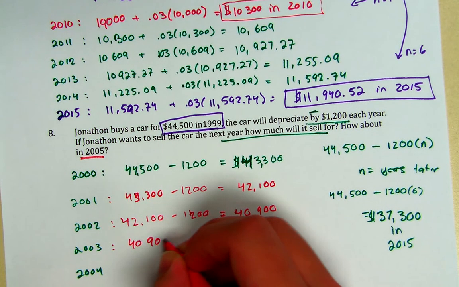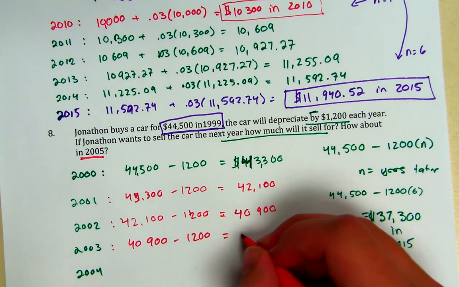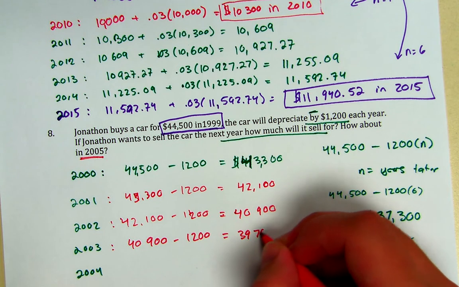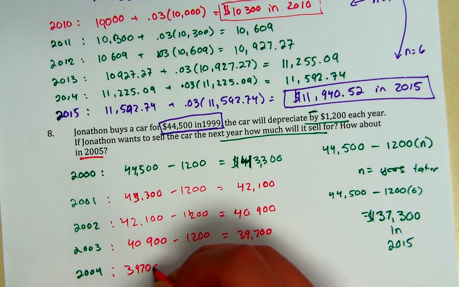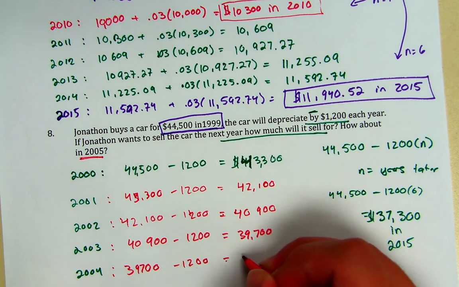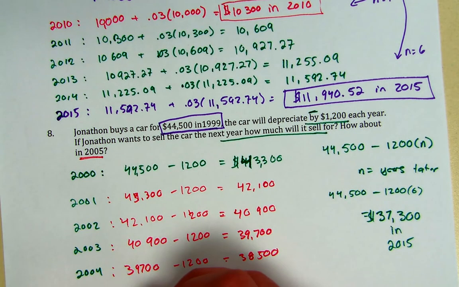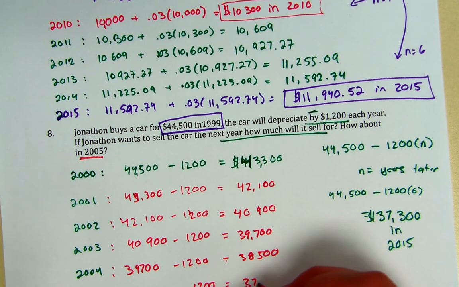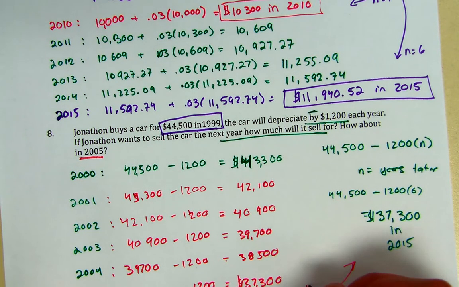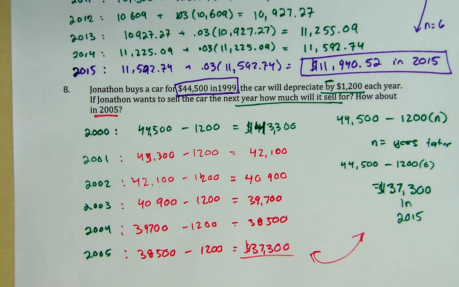Take that 40,900, subtract out the 1,200 again, and get 39,700. 39,700. Subtract out 1,200. We're at 38,500. Take your 38,500 and subtract out 1,200. And finally, we're at 37,300.